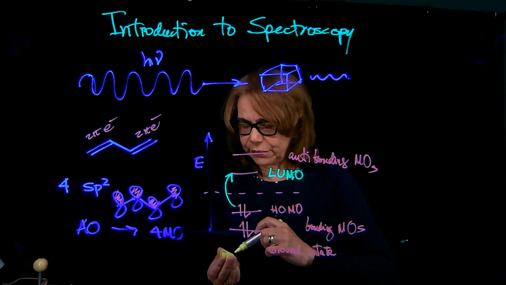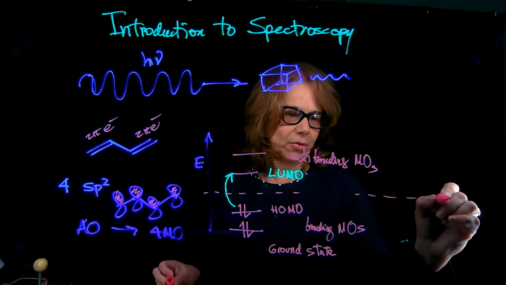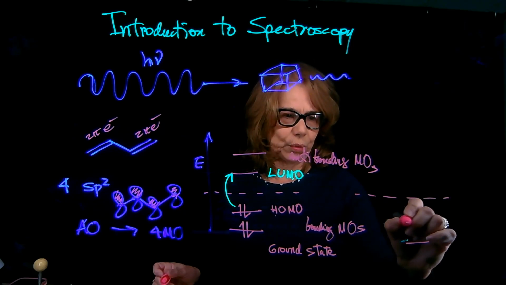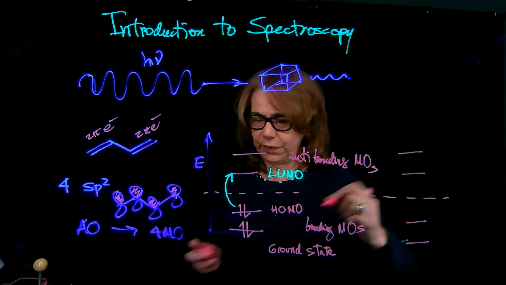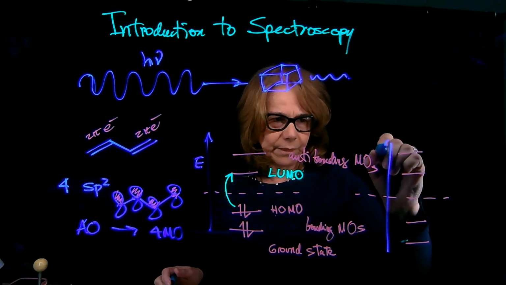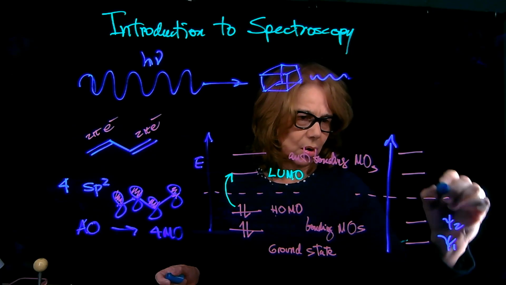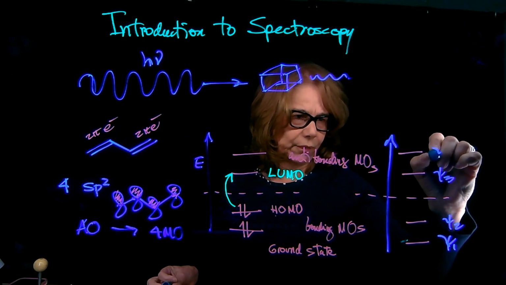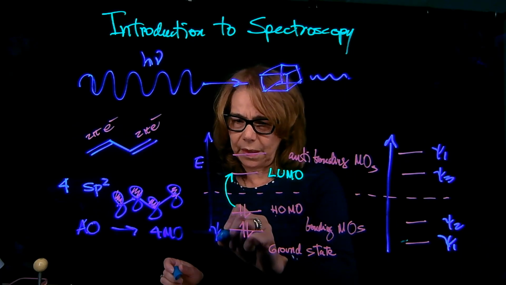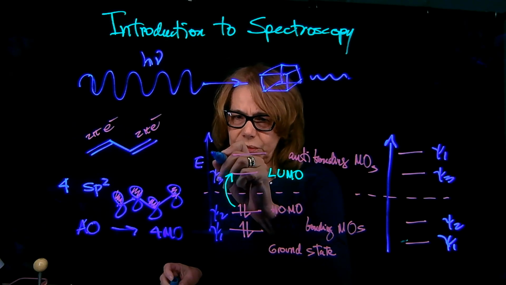So now the electronic configuration will change, and the excited butadiene will have the following configuration. So this is energy again. Now I have the first orbital, phi 1, phi 2, phi 3, phi 4. Phi 2 is the HOMO, and the LUMO is phi 3.